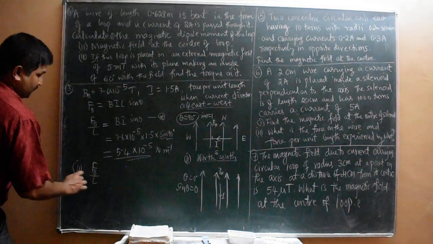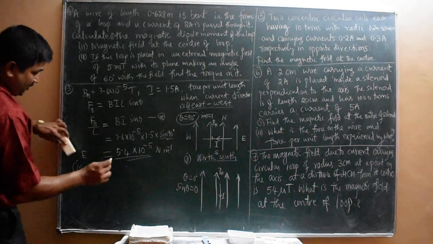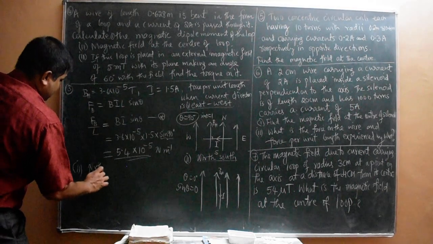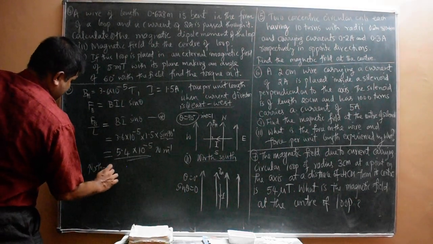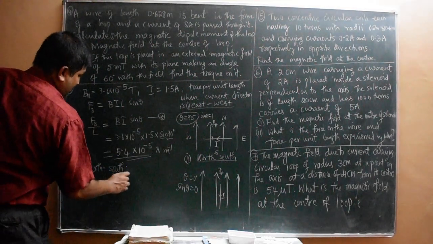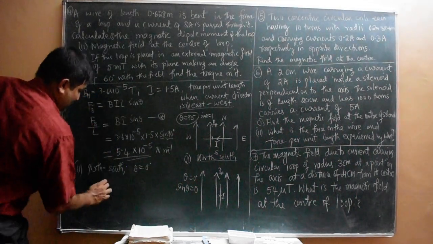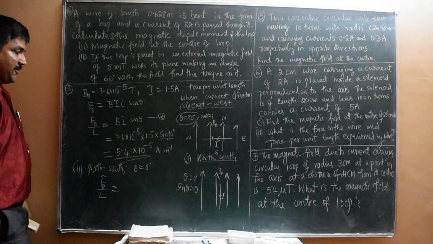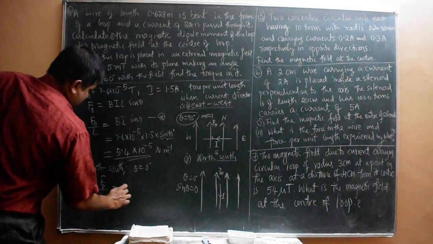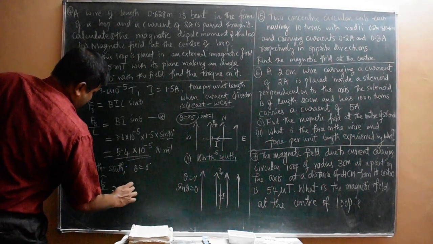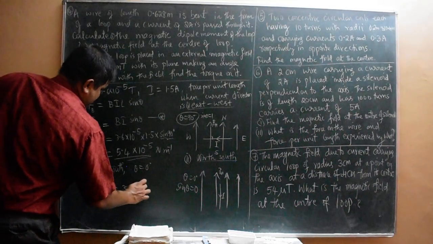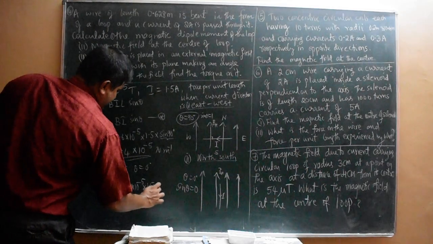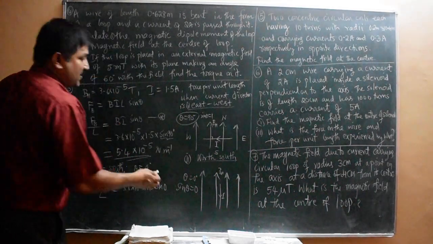Second case, north-south direction of the conductor. What will be the force experienced? North-south, theta is 0 degree. So force per unit length, FB divided by L, is BIL sin theta. So B is given 3.6 into 10 power minus 5, current I 1.5, into sin 0 or sin 180.